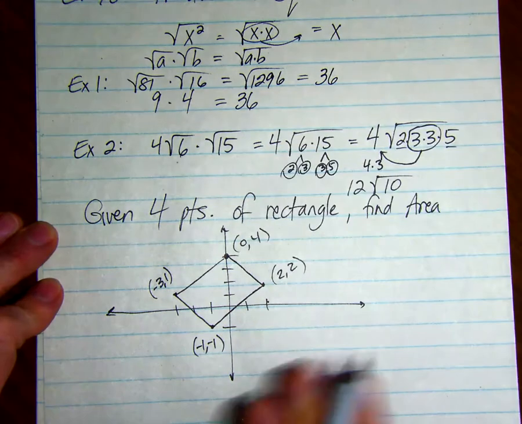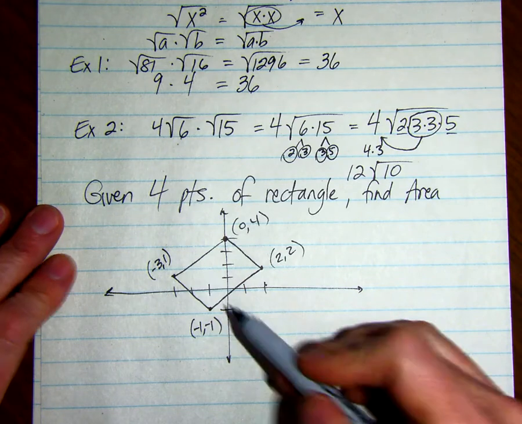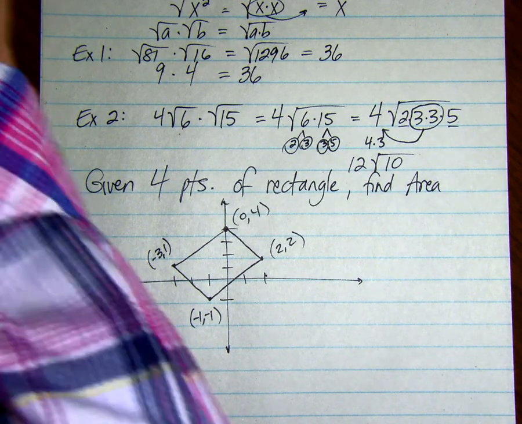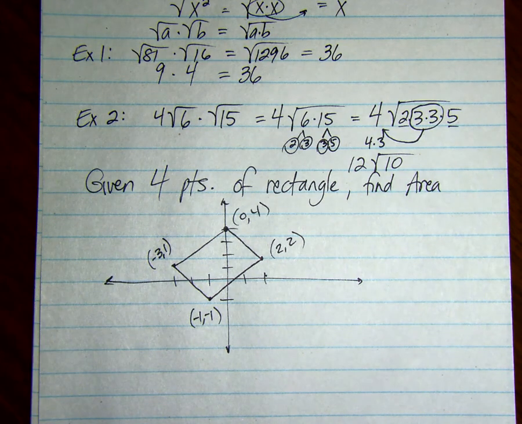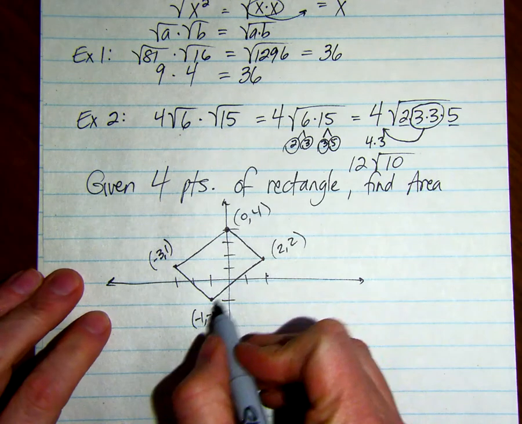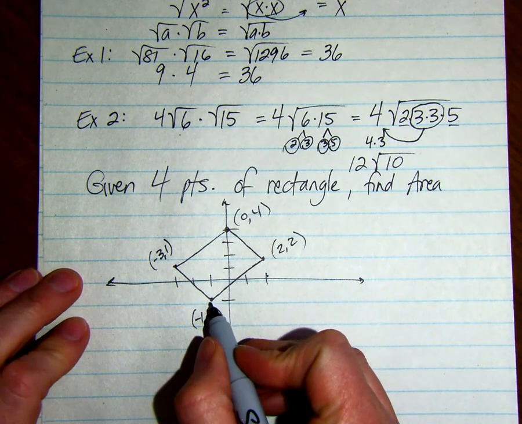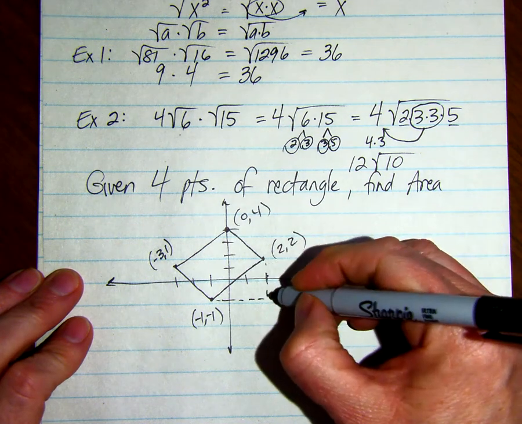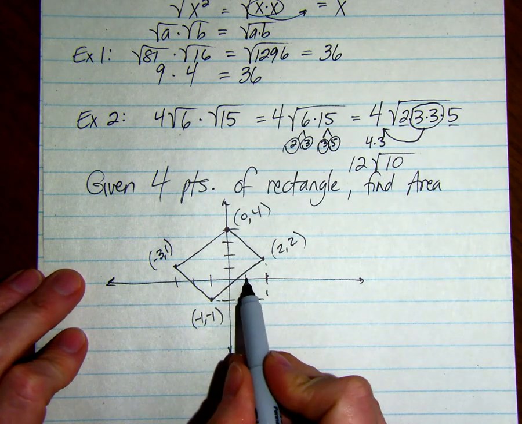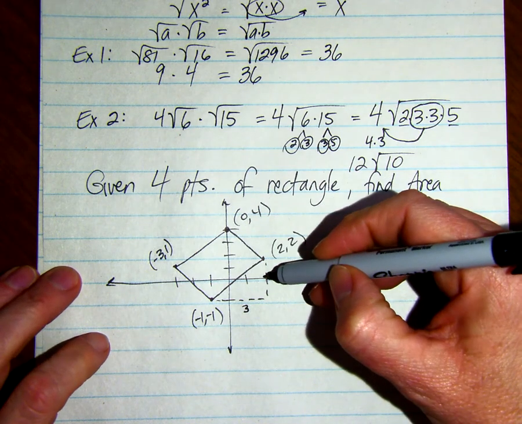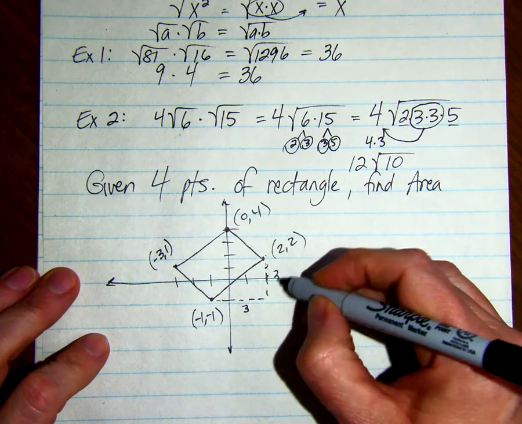This is a rectangle that is kind of crooked. So we can't find the length and width without using the Pythagorean theorem. We've got to find the length of the sides by using the Pythagorean theorem. So we could pretend that this is the hypotenuse of a right triangle. So the base of this right triangle would be 1, 2, 3, and the height would be 1, 2, 3.